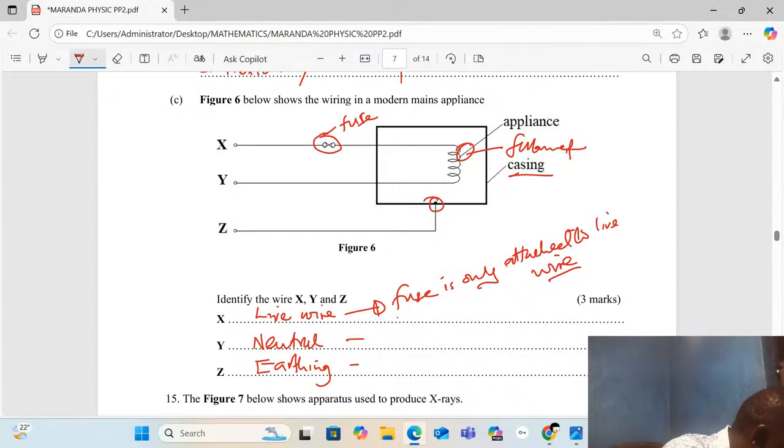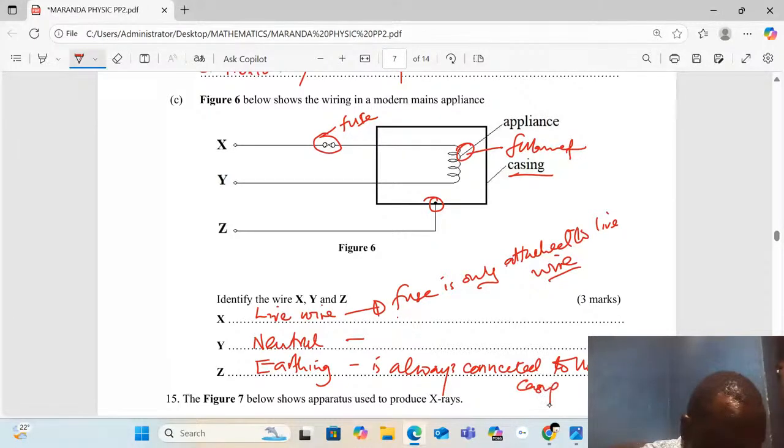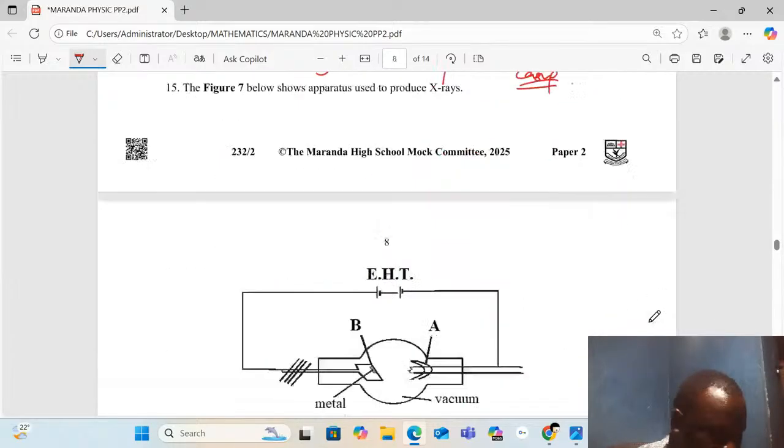You need to have some supportive arguments. The earthing is always connected to the casing, so that in case of any stray charges, they are discharged immediately.